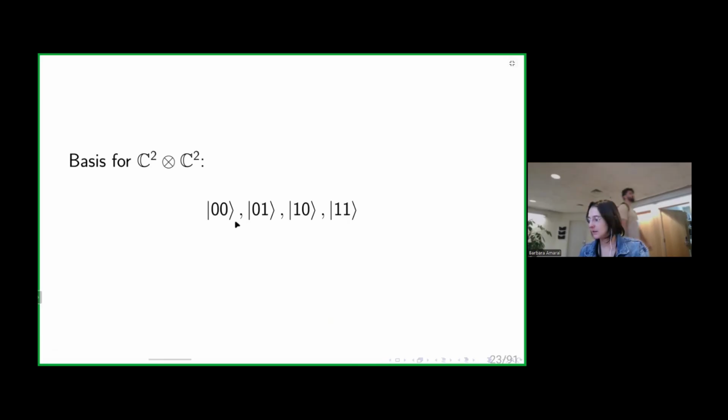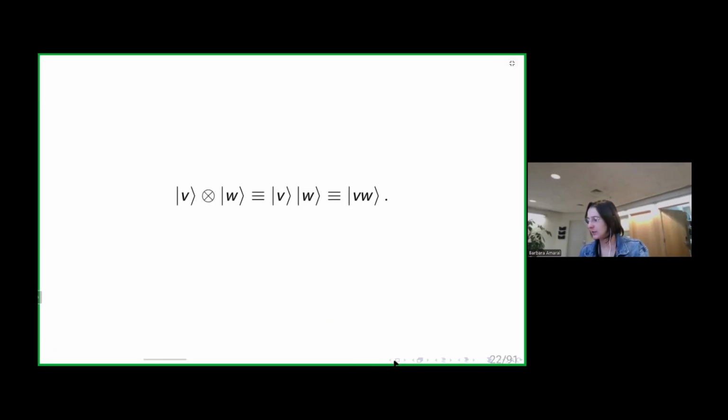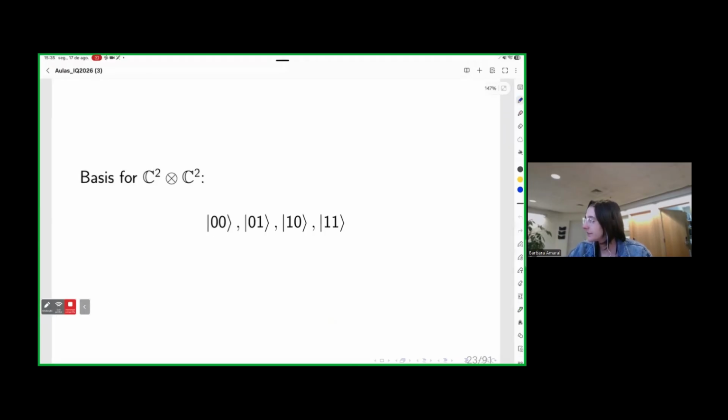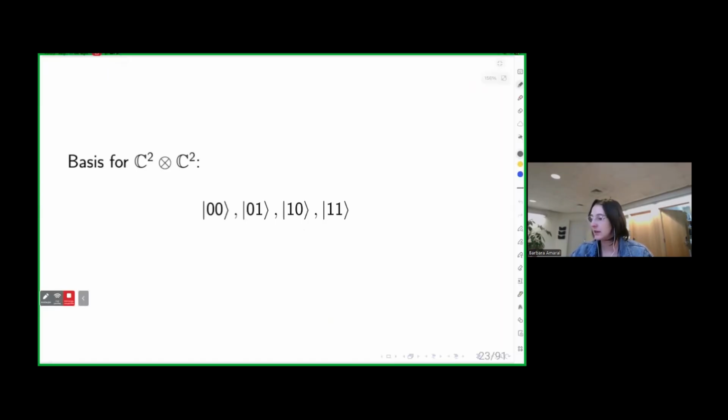So I should have another slide here. It disappeared, I don't know why, but let me write here. So it is important to notice that each of these symbols here represents a tensor product.